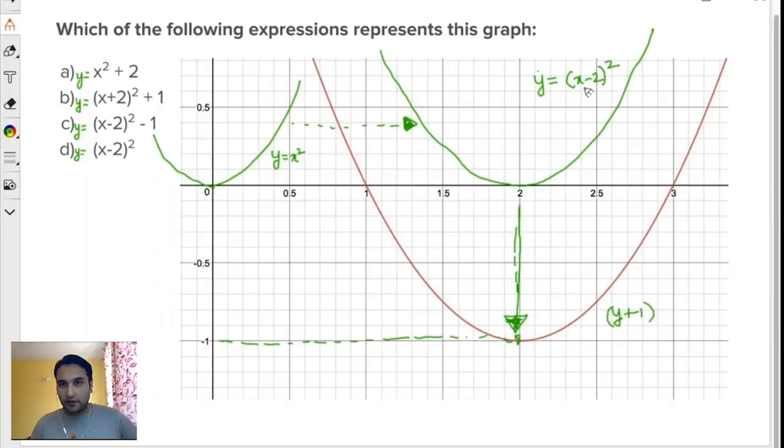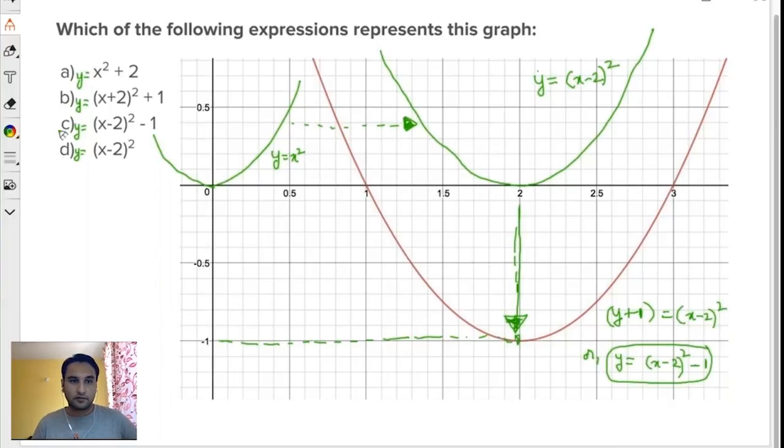Remember, when you do minus 2 in x, it goes towards the right. In the y, if you do say plus 1, it will go down. So this will become your graph. Or in other words, you can also visualize it by saying y minus 1. Got it? So this is a mix of the x and y transformations.